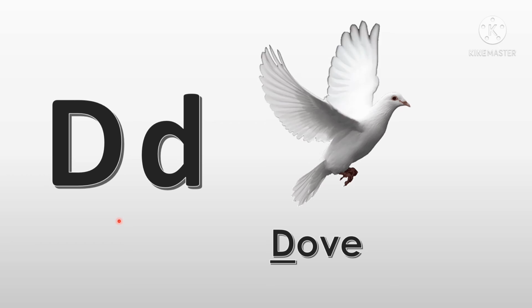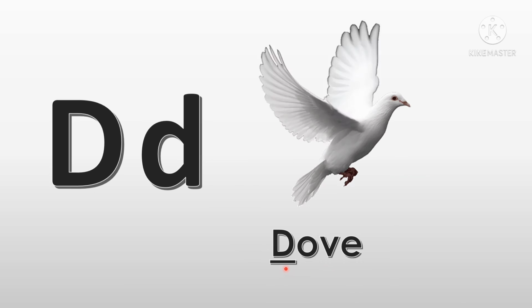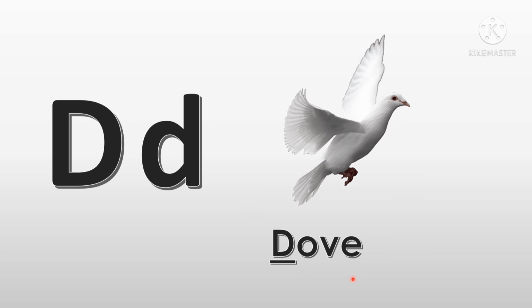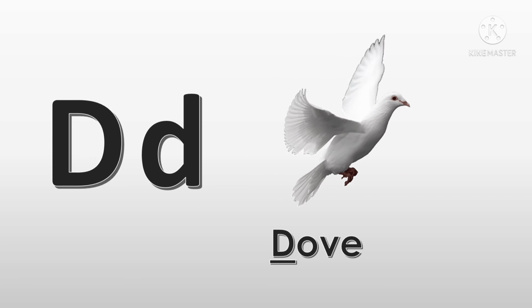D, D, D, D. Okay, let's have the letter D sound, which is D. And then we have the V sound, as in V, V. So we can say D, dove, D, D, dove. Very good. Can you say it one more time? D, D, dove. Yes, it's a dove.